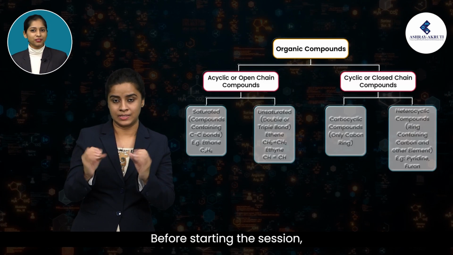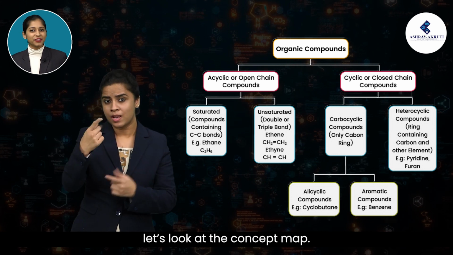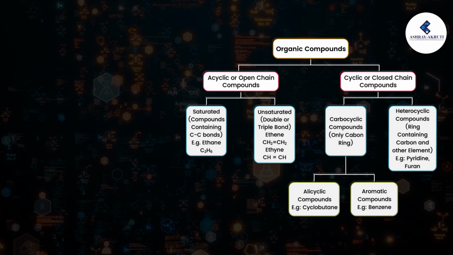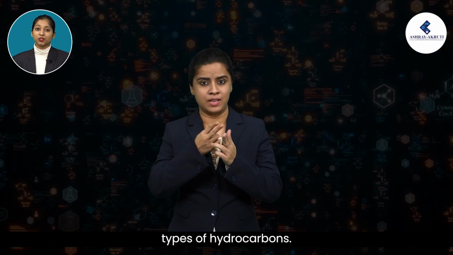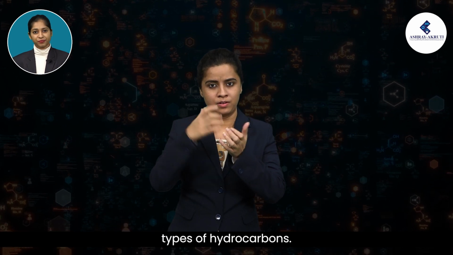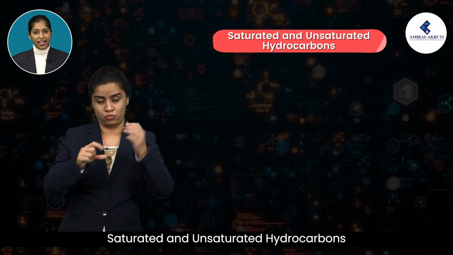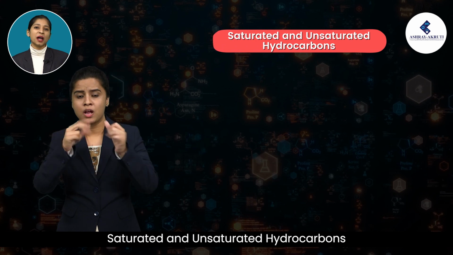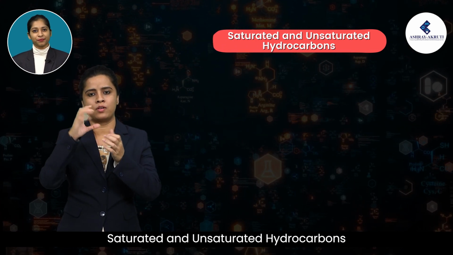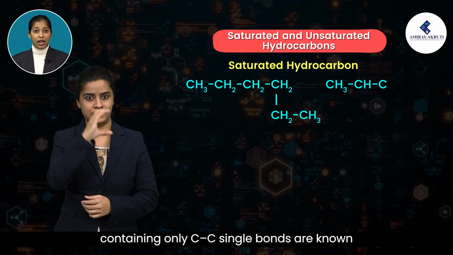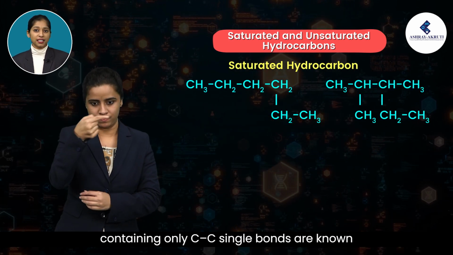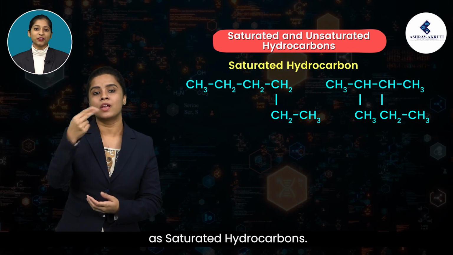Before starting the session, let's look at the concept map. Our first topic is different types of hydrocarbons. Saturated and unsaturated hydrocarbons. The hydrocarbons containing only carbon-carbon single bonds are known as saturated hydrocarbons.